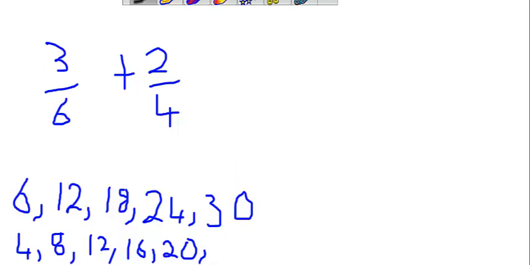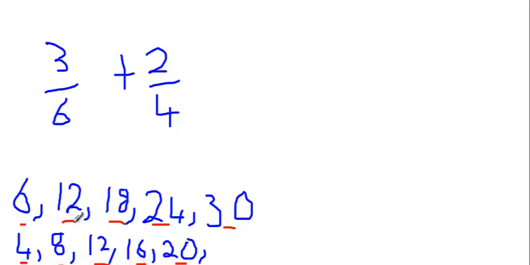Now what we're looking for is the lowest number that both numbers are multiples of. So we look at 6, 12, 18, 24, and 30. And look at our 4s. We have 4, 8, 12, 16, and 20.